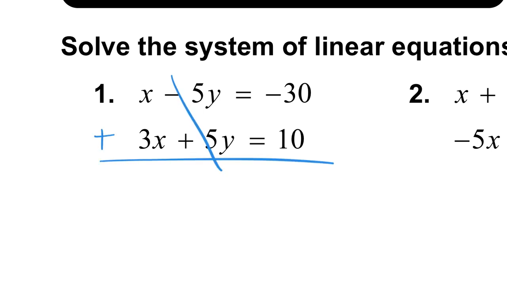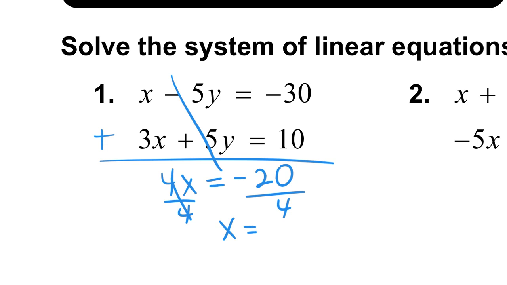If we add this, we have 3x plus x gives us 4x equals negative 20. Divide by 4, x equals negative 5. With having already negative 5 for x, we're going to use substitution. You could use any equation.